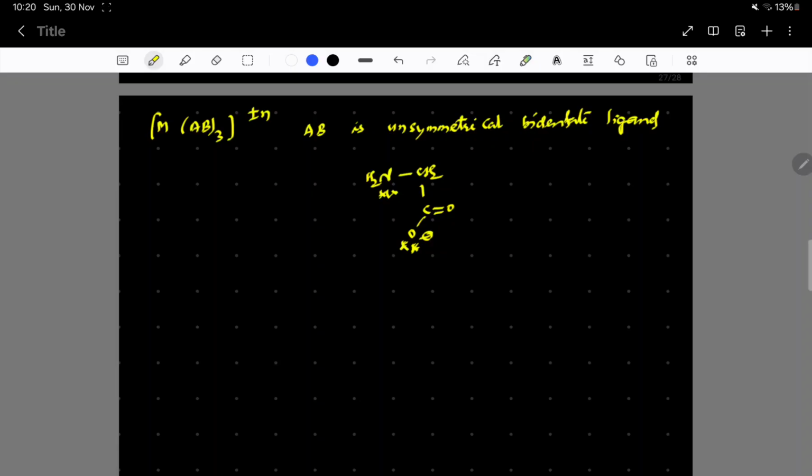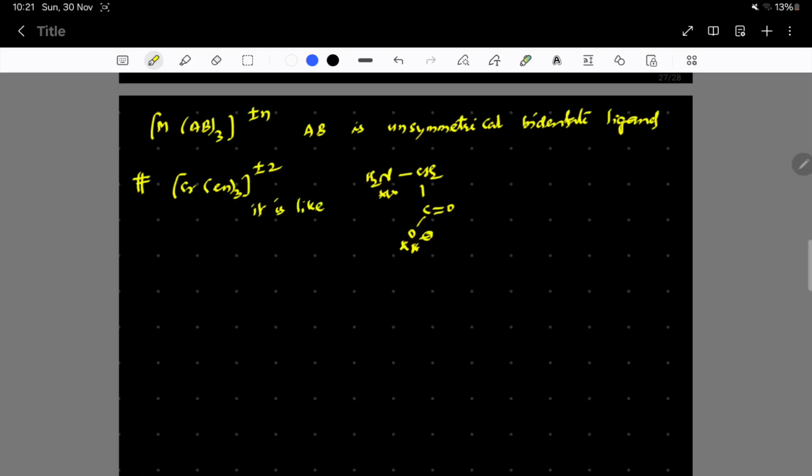Now here we will write the example of Cr(en)₃ to the power of plus 2. In this case, student, it looks like an MA₃B₃ system only.